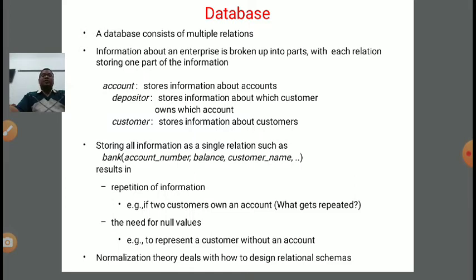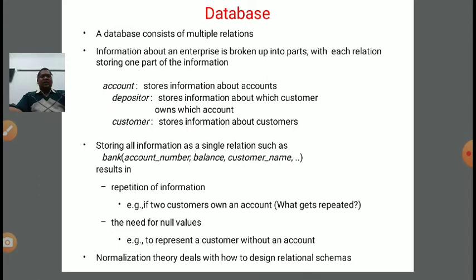So the relationship between account and customer is stored in the depositor table, information about various accounts is stored in the account table, and the customer table stores the customer name, customer ID, and address. Clear, all this information comes under the customer category. So each relation stores a corresponding separate piece of information.